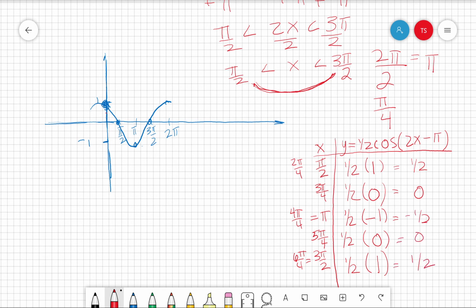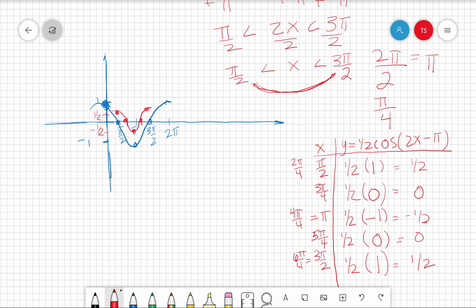And we can put those on our graph. Let me just mark my -1/2. And my pi over 4 values are in between these two. So we'll start at pi over 2, 1/2. 3 pi over 4 is 0. Pi, -1/2. 5 pi over 4 is 0. And then 3 pi over 2, positive 1/2 again.